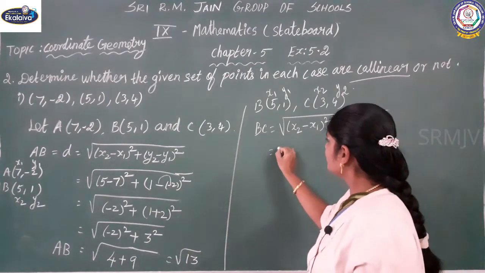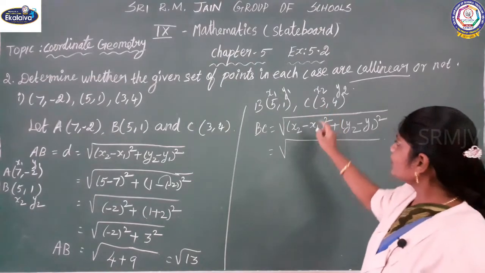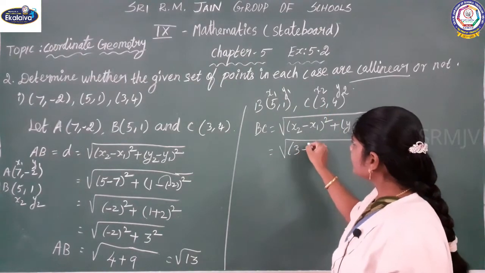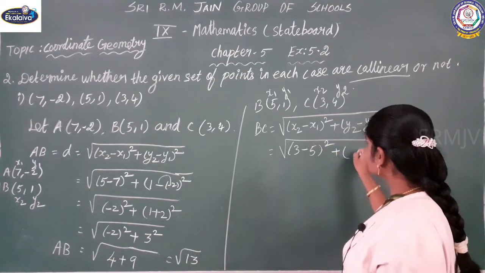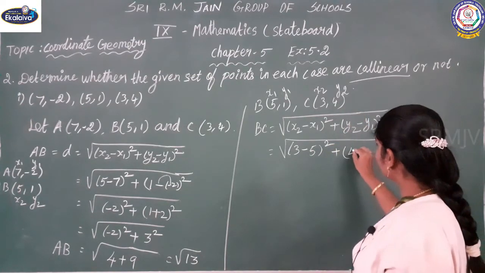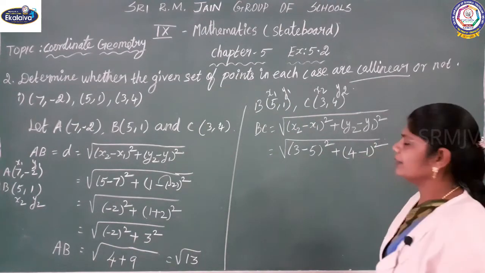Okay. Now substitute the value here, x2 3 minus x1 5 the whole square plus y2, here y2 is 4 and y1 is 1, minus 1 the whole square.